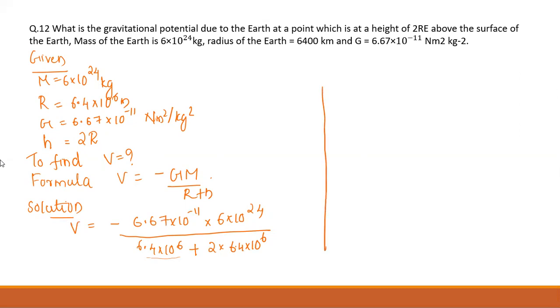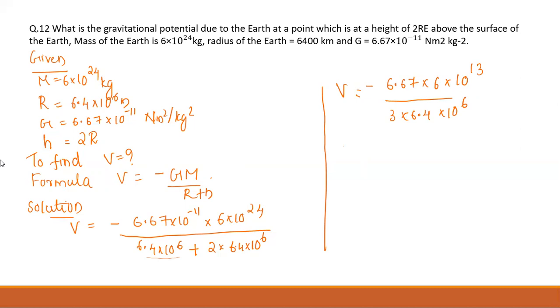So here we will write V is equal to minus 6.67 into 6 into 10 raised to 24 minus 11, which is 13, upon 3 into 6.4 into 10 raised to 6. 10 raised to 13 minus 6 is 10 raised to 7 will come.